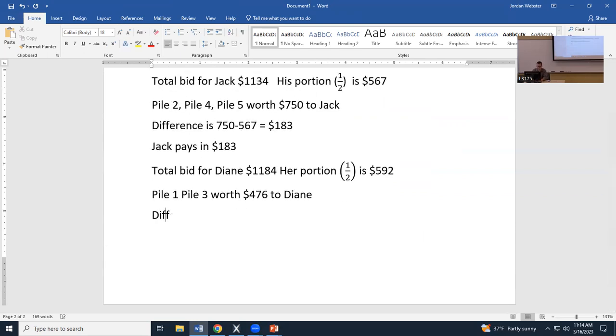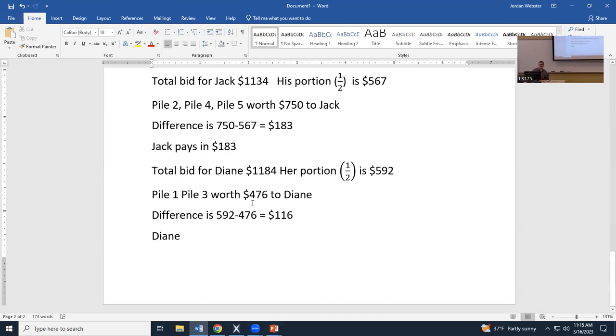So the difference is, well, 476 compared to 592. Take 592 minus 476. That's $116.